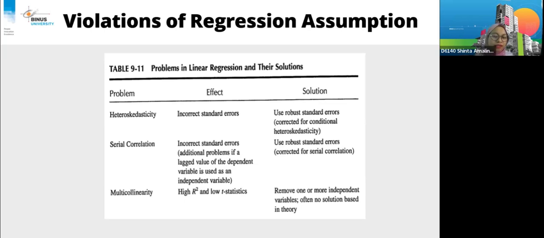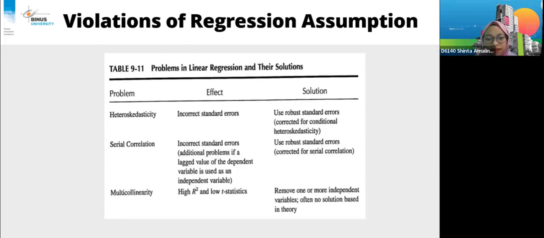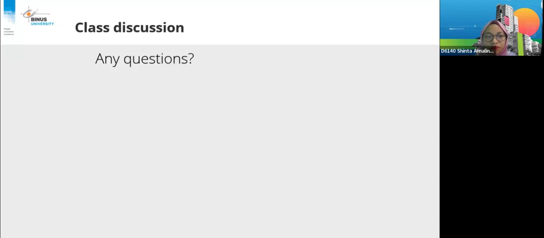So I highly suggest you consider another independent variable to predict the dependent variable, because the more independent variables you have, we expect better results, as there are more variables that could explain and predict the dependent variable. So I think this is enough for the class today. Are there any questions from the floor?